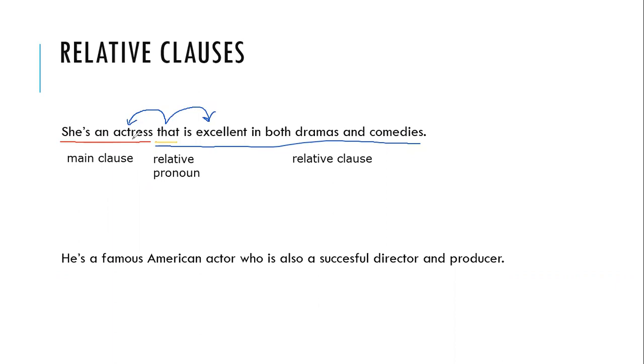Like if I say, she's an actress, then some information is missing. We need more information about that clause. So the relative pronoun is going to help us add more information. Okay, she's an actress, but then what? What about that? So we add the relative clause and we say, she's an actress that is excellent in both dramas and comedies.